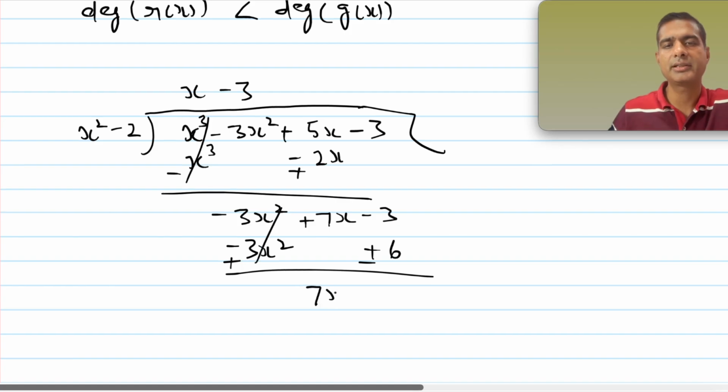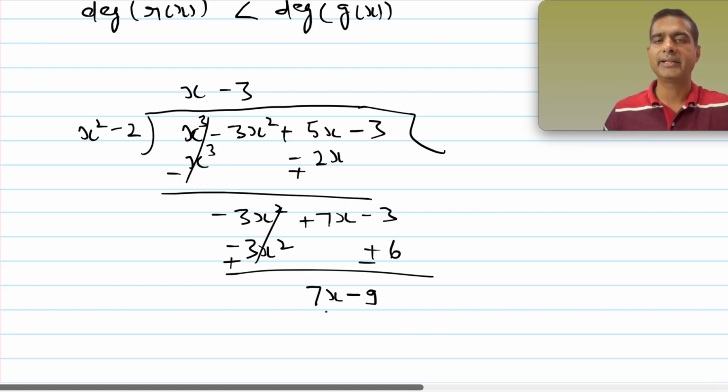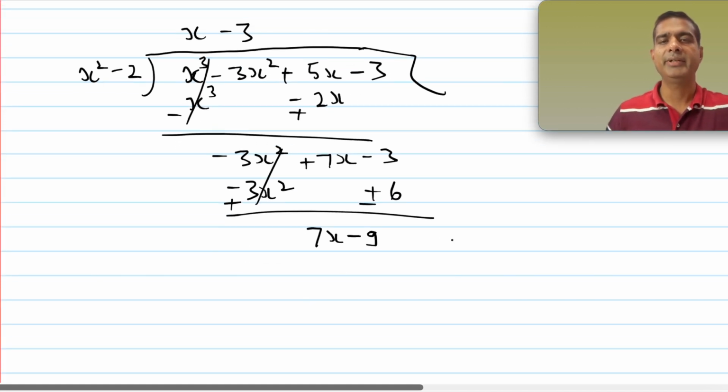So I will be getting 7x minus 9. Now the degree of 7x minus 9 is 1, because the degree of x is 1, and the divisor is of second degree, so I cannot divide it further. So we know 7x minus 9 is the remainder, because its degree is less than the degree of the divisor.